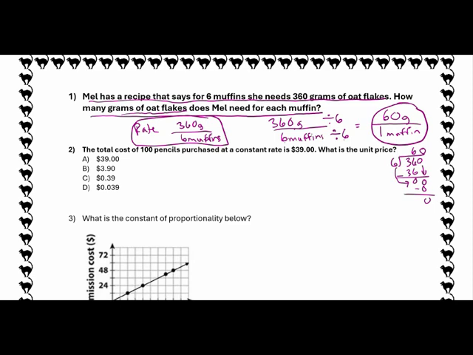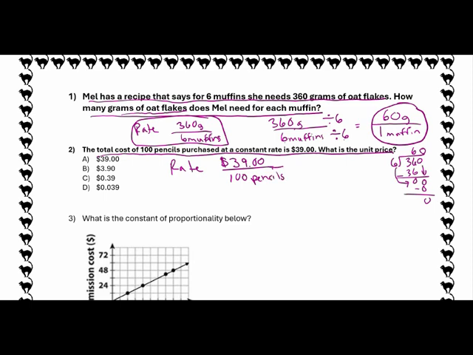For number 2, it says the total cost of 100 pencils purchased at a constant rate is $39. What is the unit price? So right now, my rate, money always goes on top if you forgot. My rate is $39 for 100 pencils.